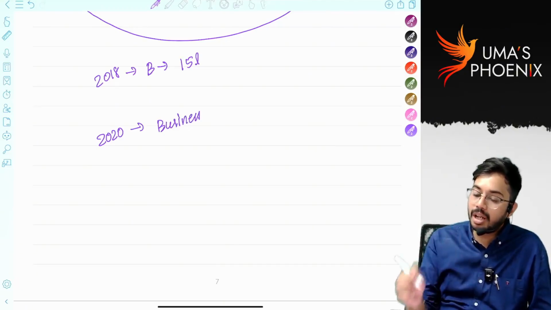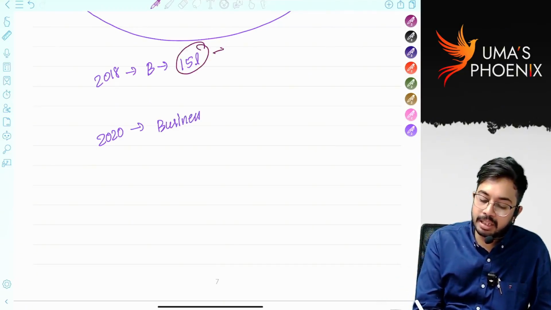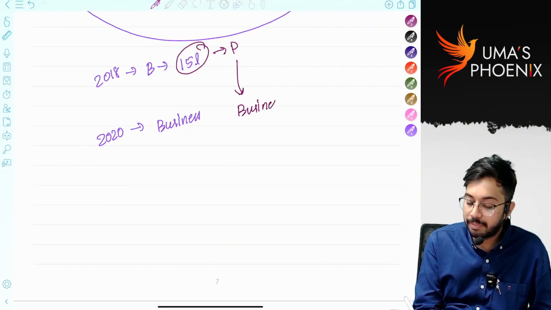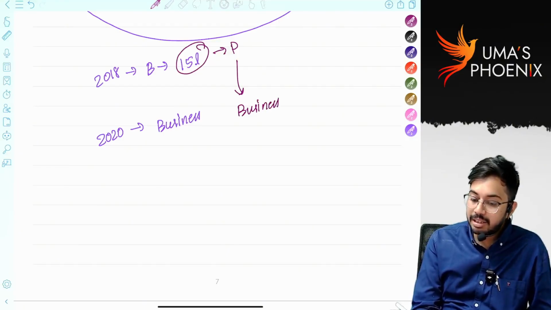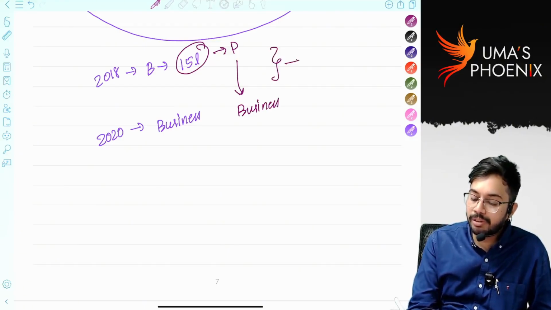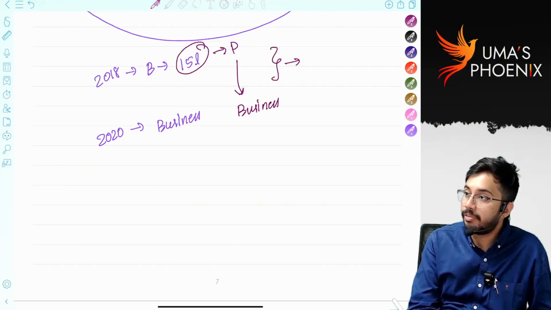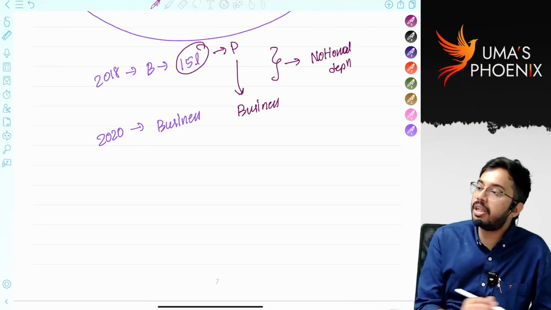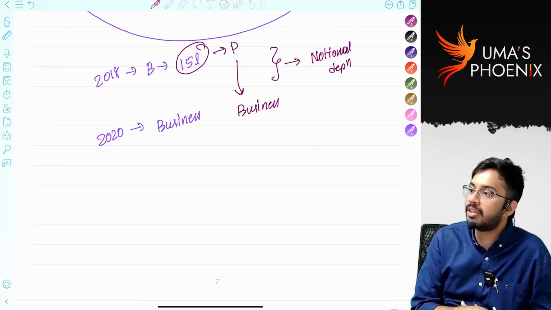So, whatever building was purchased for personal purpose is brought into business. In that case, for the 2 years it was used for personal purpose, you need to provide notional depreciation, and after reducing notional depreciation, the balance written down value will be considered as actual cost.